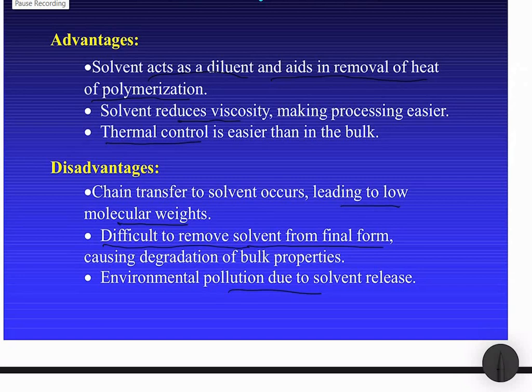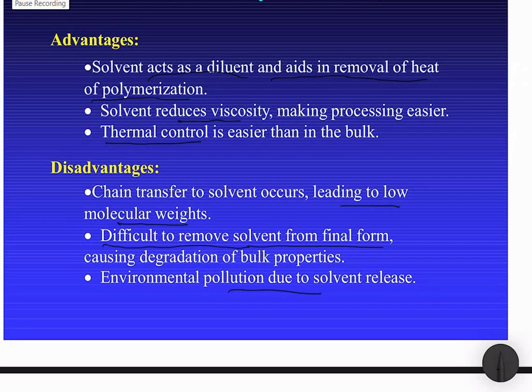So the recycling operation, the recovery operation, should be very good in the plant for adopting this technique, whereby you can reduce the waste of the costly solvent, and also restrict your environmental problem to some extent in the plant area.